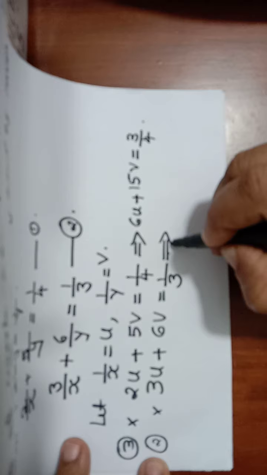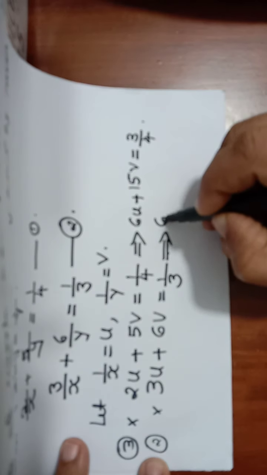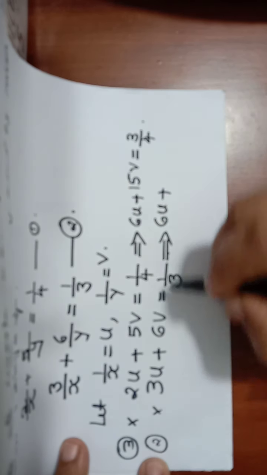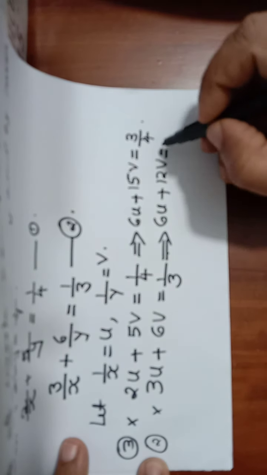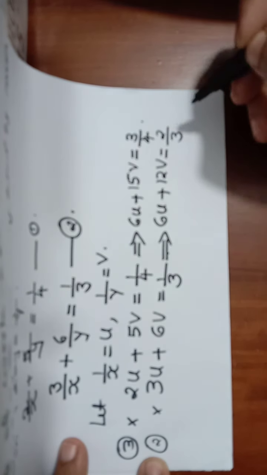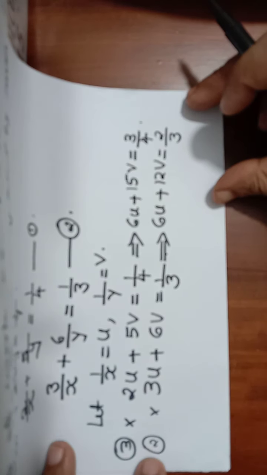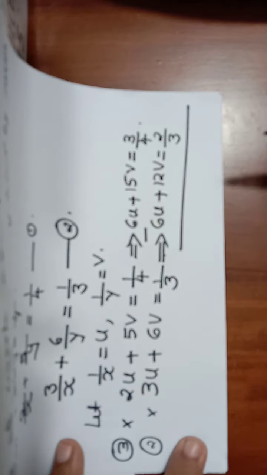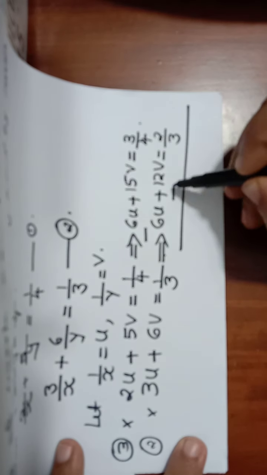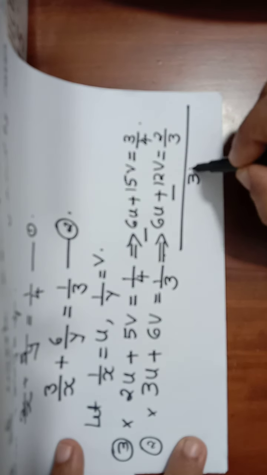Next step here, multiplication by 2. 6u plus 6 2s are 12v equal to 2 into 1 by 3, which is 2 by 3. So let us simplify this. By subtraction we will eliminate: 15 minus 12 is 3v.